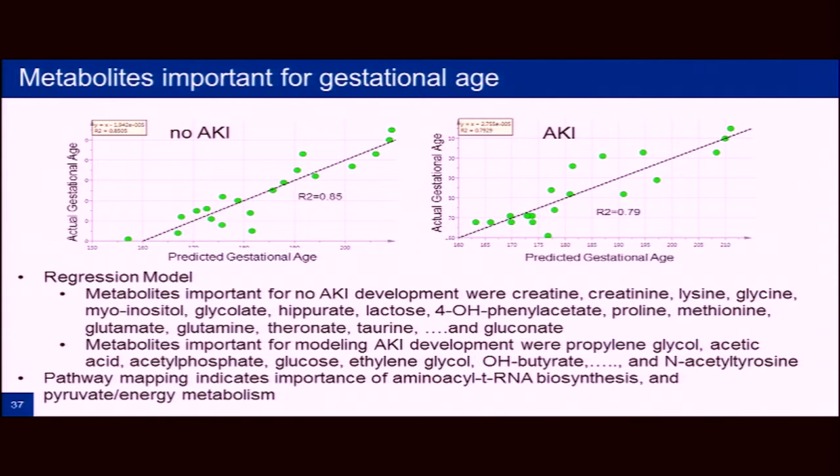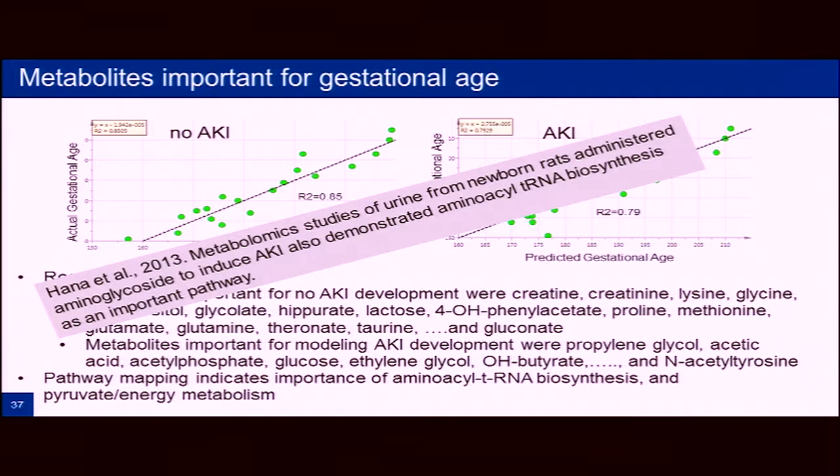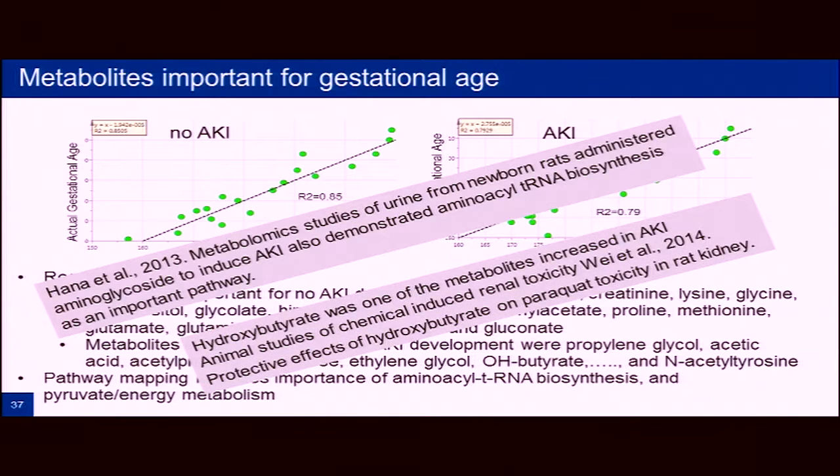pathways in this. And this is particularly interesting because it has also been noted in studies of urine in newborn rats administered aminoglycoside to induce AKI. Hydroxybutyrate was another metabolite that came up as being significant in the model.